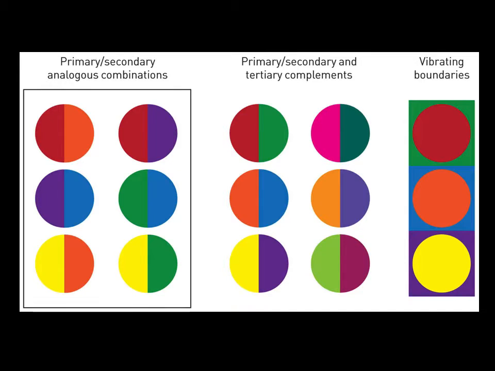Since complementary colors can intensify each other through the strong contrast, sometimes they are referred to as vibrating boundaries, which add richness and vibrancy to the color combinations. Finally, in the center, we have a variety of primary, secondary, and tertiary colors, giving us the impression that there are virtually endless color combinations through the mixing of pigments.